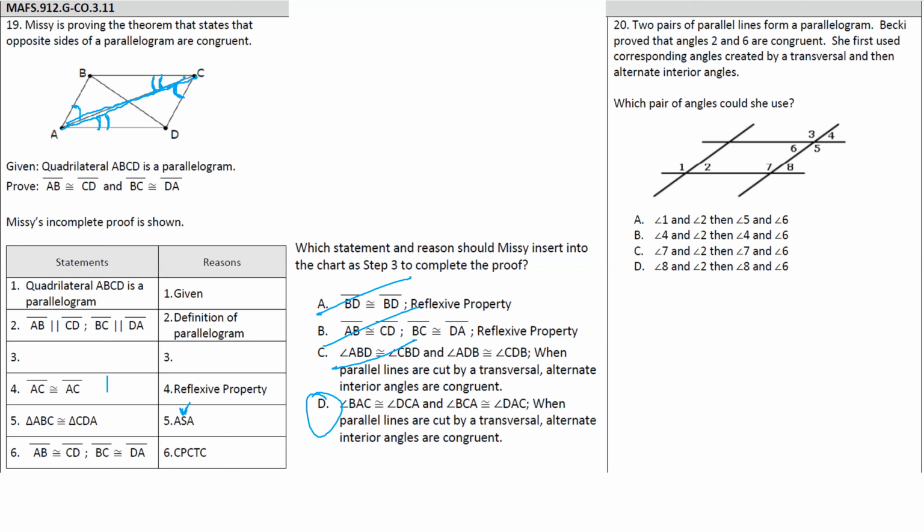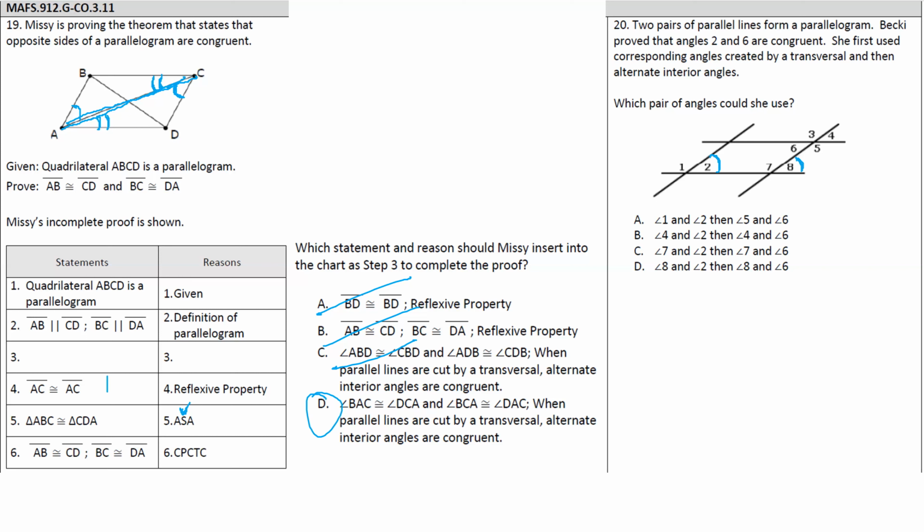Well, in order to prove that, they first use corresponding angles created by a transversal and then alternate interior angles. Well, first, corresponding angles. If we're looking at 2 and 6, 6 doesn't have any other angle labeled that is corresponding to it in the entire figure. So we must have used 2 as the corresponding angle. But what angle is 2 corresponding to? 2 is corresponding with angle 8.